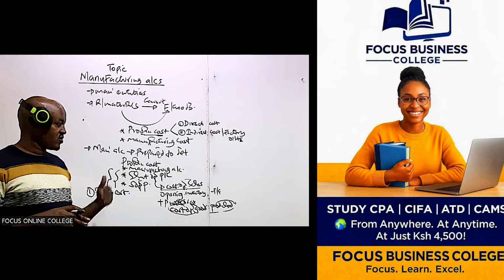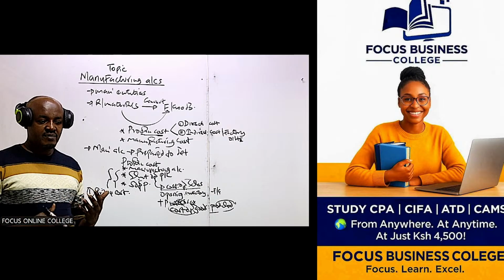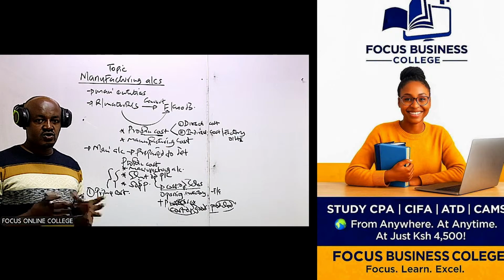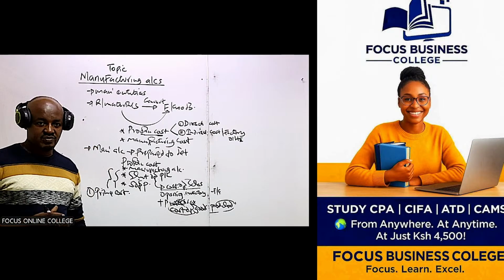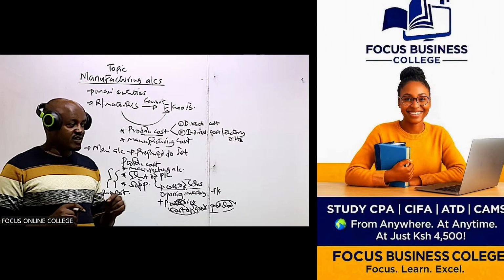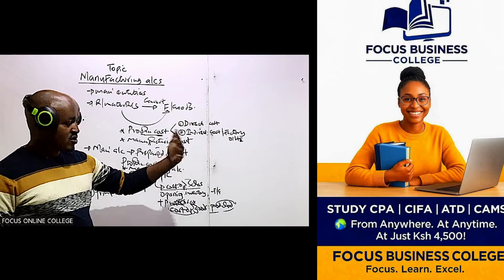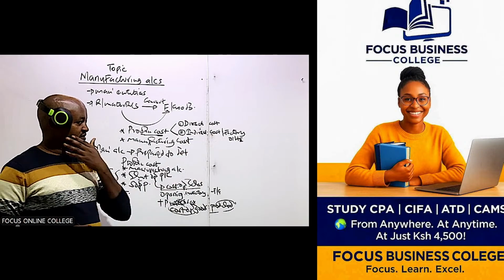We also have other costs known as direct labor cost, like the wages which are paid based on the time an employee has worked, not the salary, because salaries we know are fixed. They do not change. But wages are paid on the time worked, or maybe the number of units produced. So the production cost is generally classified into two: the direct cost, which varies proportionately with the level of production, and then the indirect cost or the factory overhead.